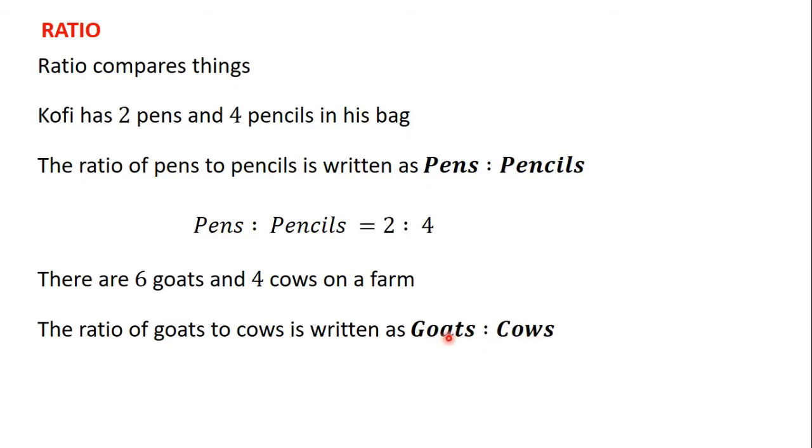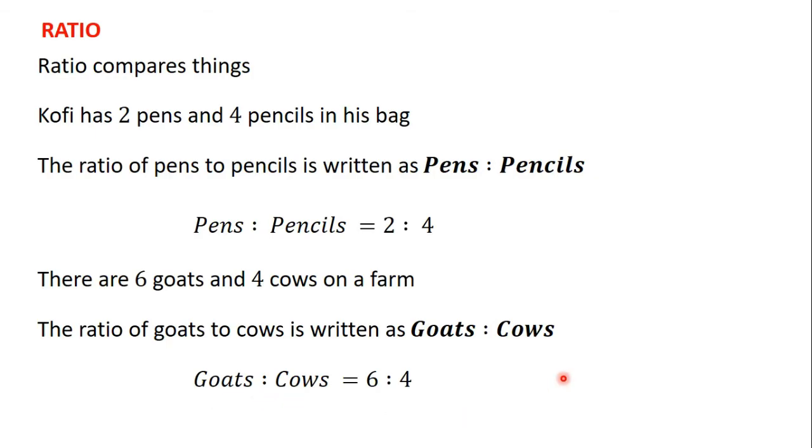And this ratio is equal to the number of goats, which is 6, is to the number of cows, which is 4. We can see from these two examples that we have used a ratio to compare one quantity to another. In the first example, we compared the number of pens to the number of pencils. In the second example, we compared the number of goats to the number of cows.